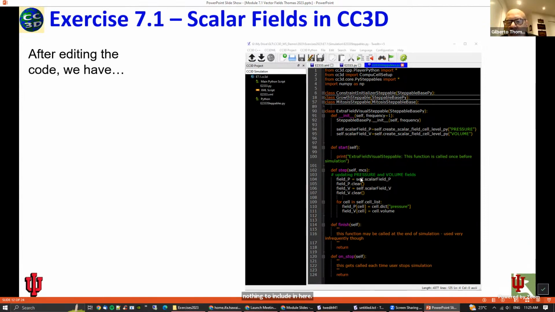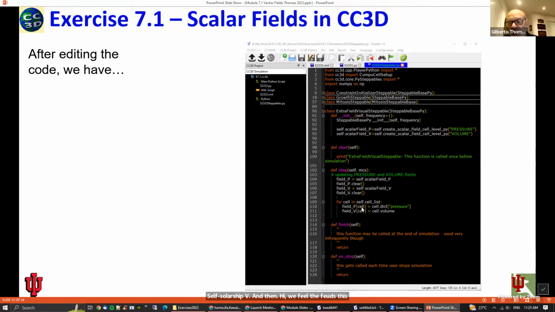And in the step function, I have to fill the field with values. First, I create two placeholders, fieldP and fieldV, which are the place where I want to put these scalar fields: self.scalarFieldP, self.scalarFieldV. And then I will fill these placeholders with the values we want.